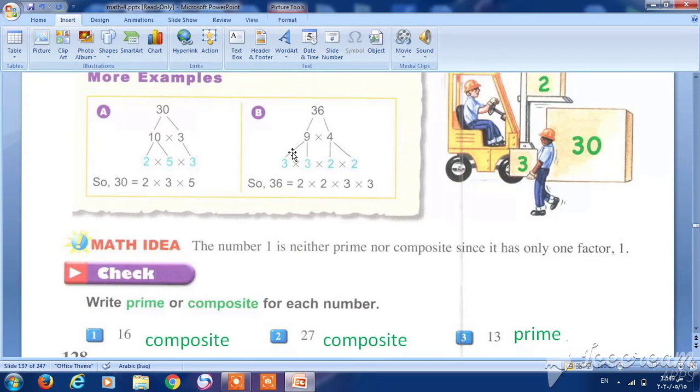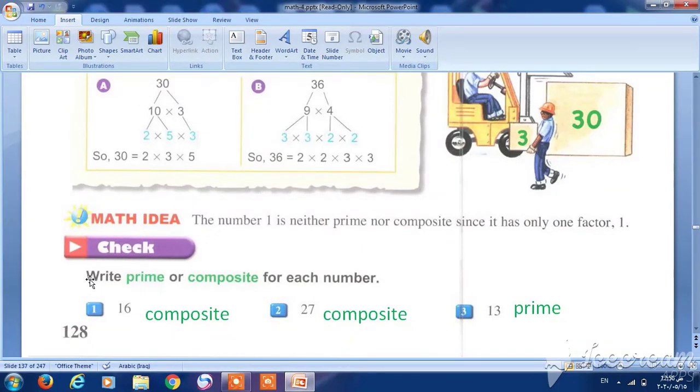Now we have 4 prime numbers, prime factors. We write it as a product. 36 equals 2 multiplied by 2 multiplied by 3 multiplied by 3. And we have this idea. The number 1 is not prime or composite because it has only one factor. Keep it in your mind.